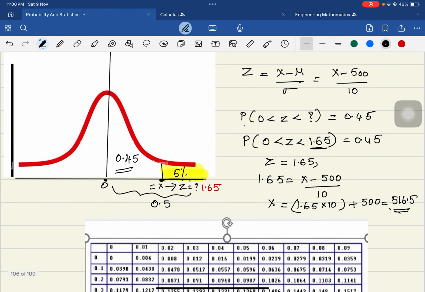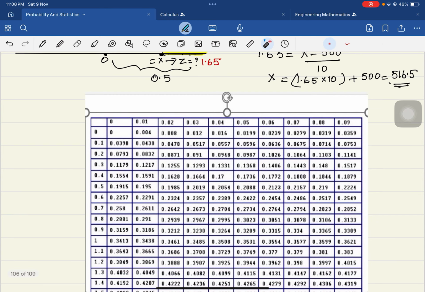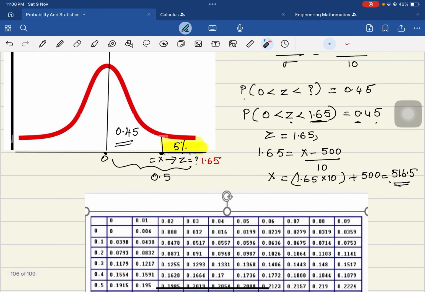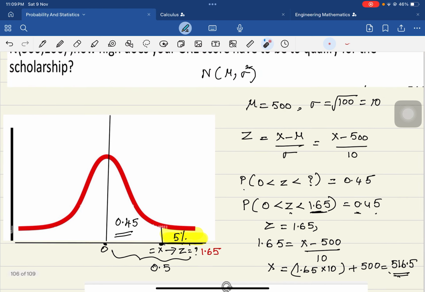That means if the area corresponding to a value of z is given, then you can do the reverse calculation to find this particular value of z. Once you get the value of z, you also have to find the corresponding value of x by using the same standard normal variate formula. I hope you could understand. Thank you.